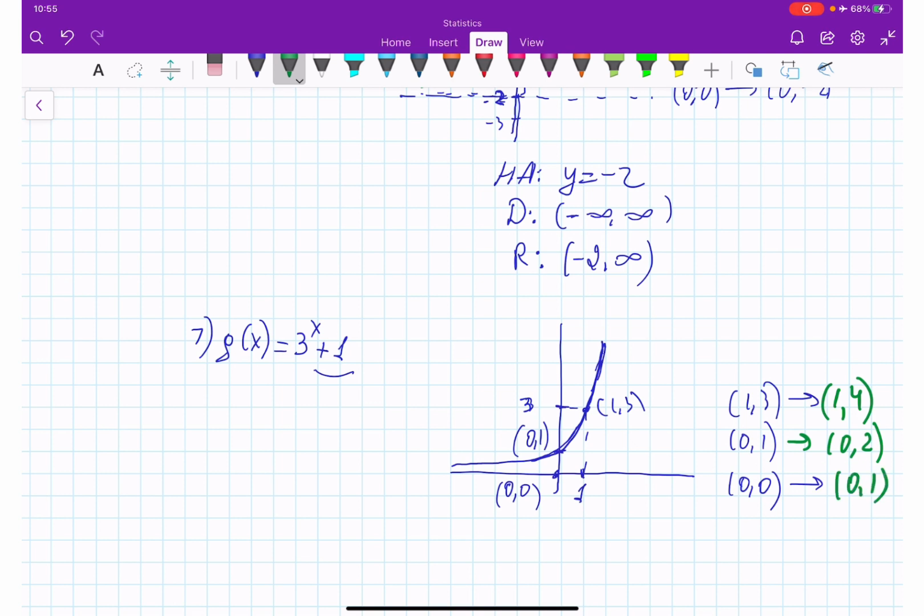Actually, you don't need to guess, so just take 1 and add to this 0, because that's our y, and you have it. So our points, 1 and 4, right here. And then we have 0 and 2 right here. And y equals 1 is our horizontal asymptote, which the graph is going to go like this.